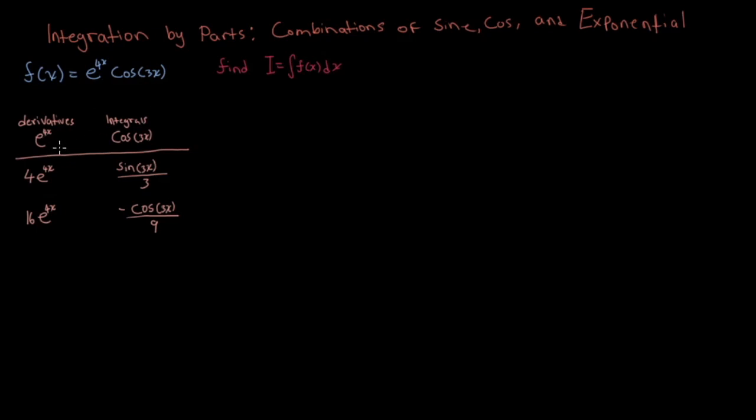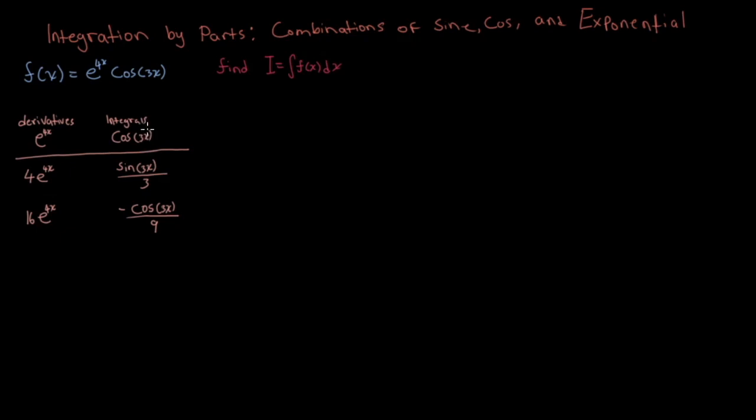Well, we're going to have a table just like we did in the previous videos. As you can see here, we have a derivatives column and an integrals column. We take the derivative of e to the power of 4x, which is this function right here, and we get this. On the integral side, we have cos 3x.